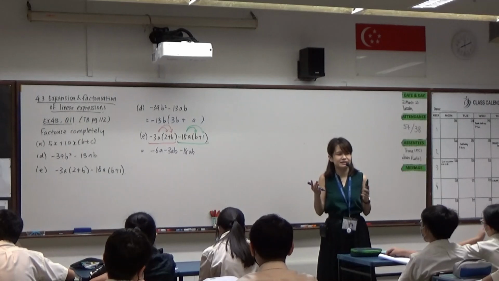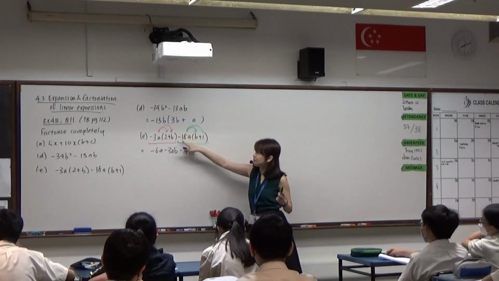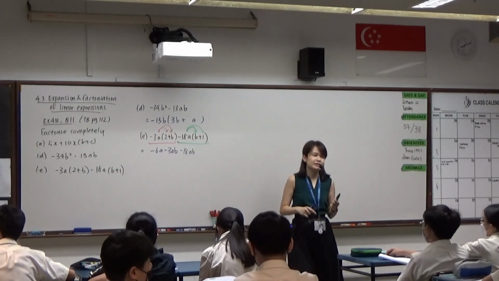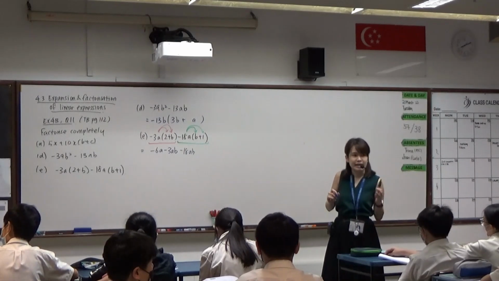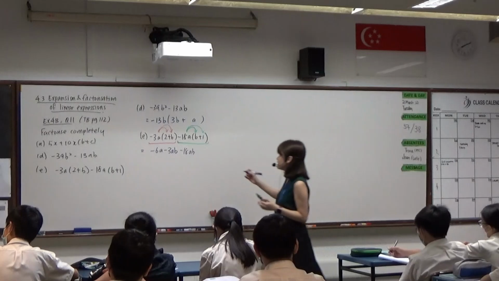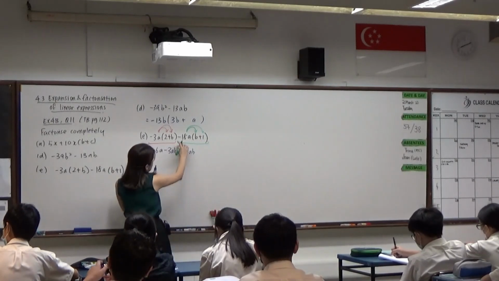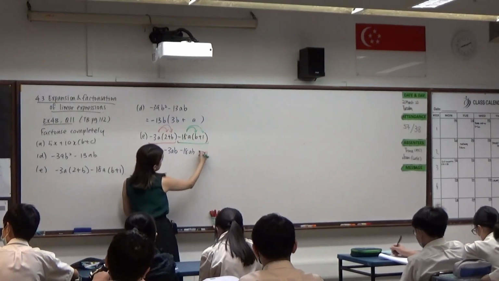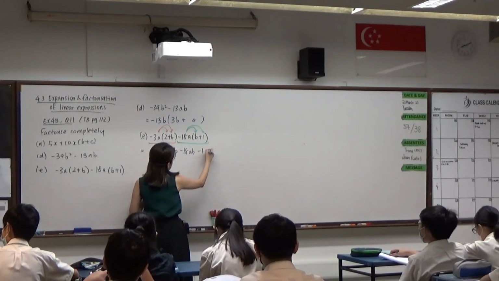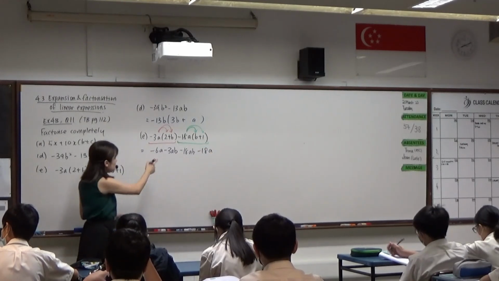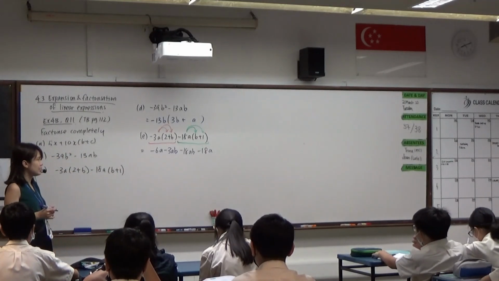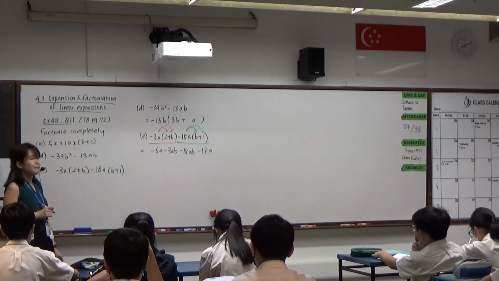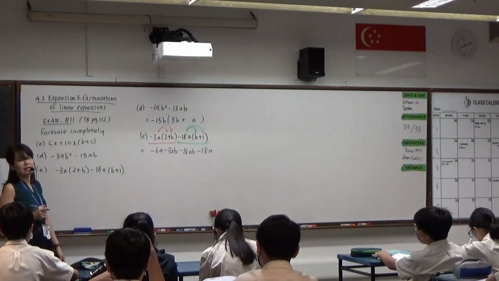I'm taking this thing over here to multiply the 1, right? So negative 18A is the one that's multiplied with the 1, so we'll be left with negative 18A. Okay? So we actually see that the expansion results in negative 6A minus 3AB minus 18AB minus 18A.